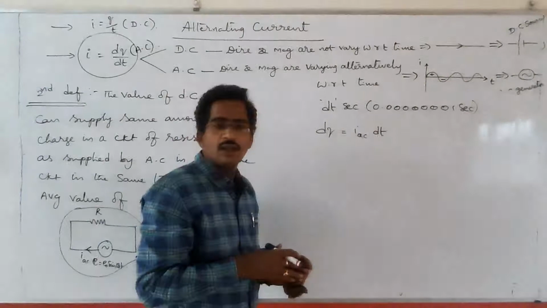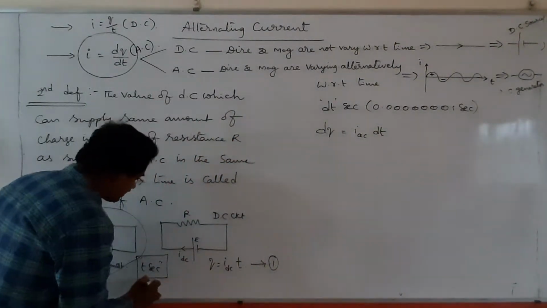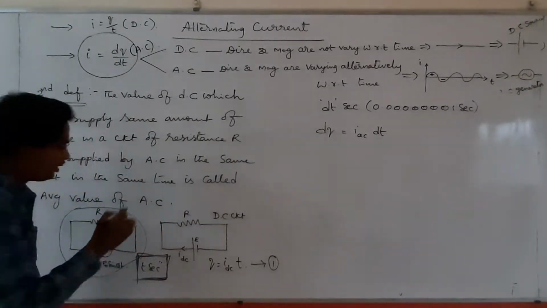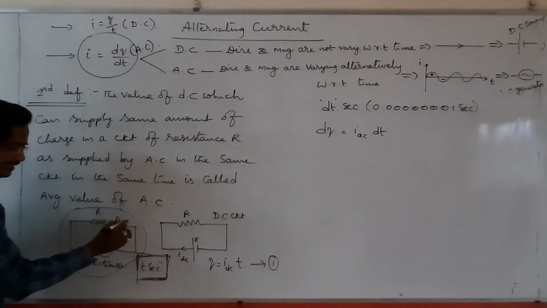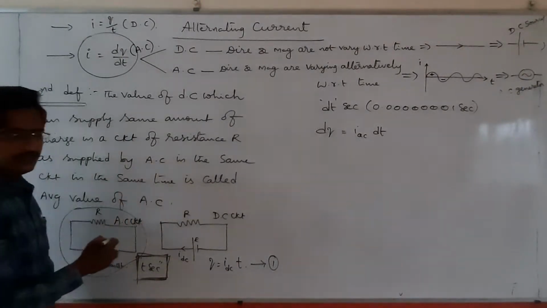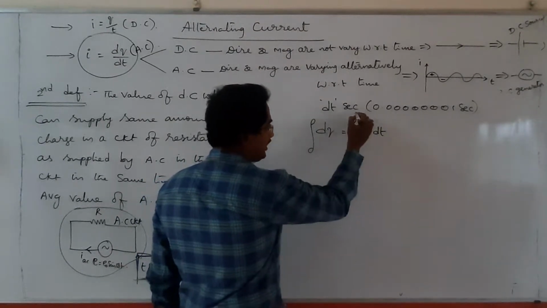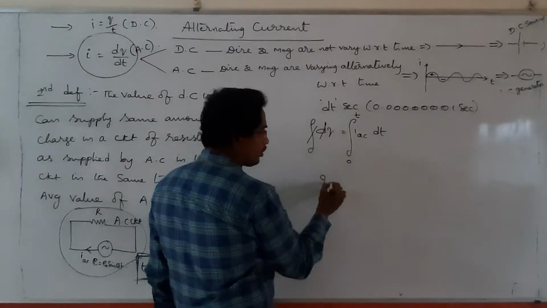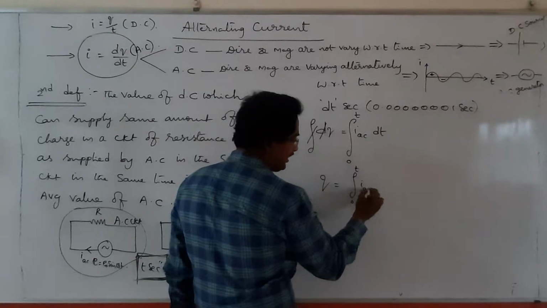Then how do you get the total charge flowed in the time of t seconds in the AC circuit? It is the integral from 0 to t. The d and integral cancel, so Q equal to integral 0 to t IAC dt.